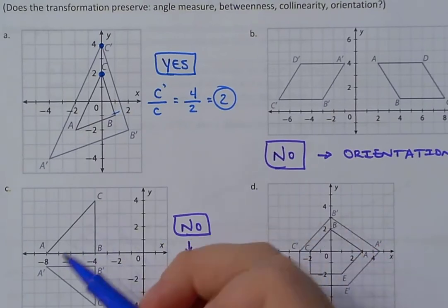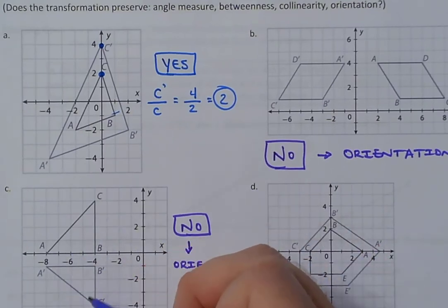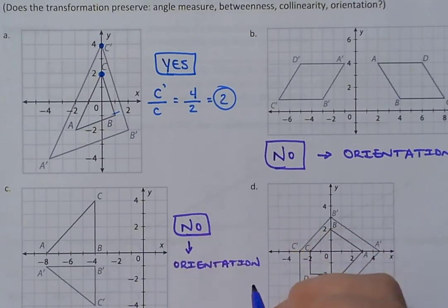Another reason would be that the angle measures for A prime and C prime have changed. So you can either go with the orientation having changed or the angle measures having changed. And that is your answer for C.